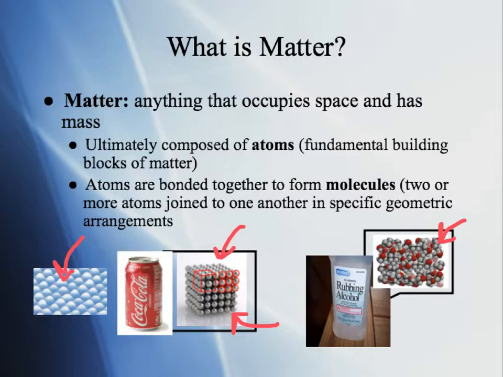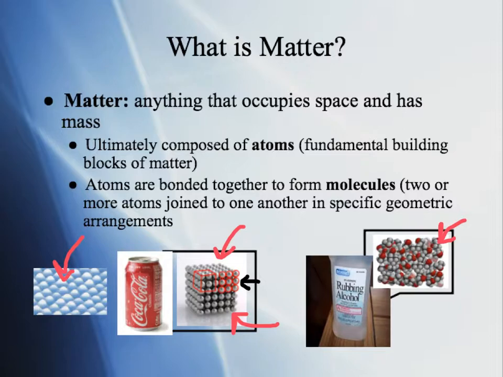In the can, it's very structured, crystalline in shape. But in the rubbing alcohol, they're kind of all clumped together. In fact, we can see molecules versus atoms. See, these individual dots here, or circles, spheres, represent the atoms within the aluminum can.